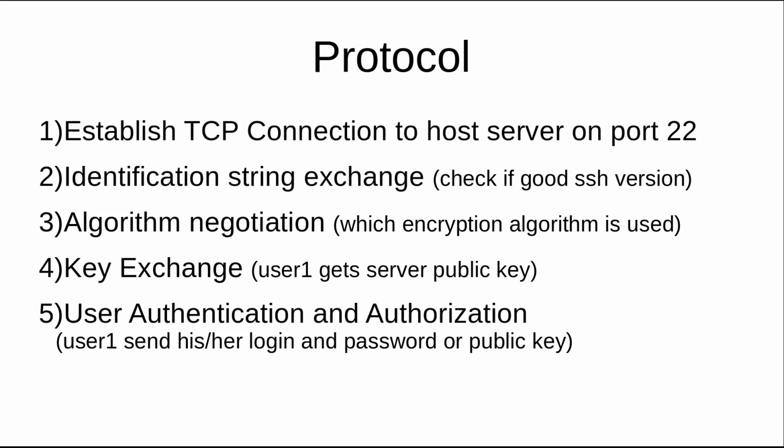In the next phase, both hosts select which encryption algorithm will be used during the connection. In phase 4, the user on the client gets the public key from the server so that user 1 can authenticate the server. In phase 5, the user authenticates, and the host server will authorize user 1 to log in as user 2.